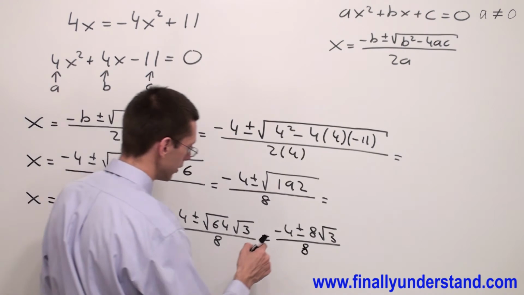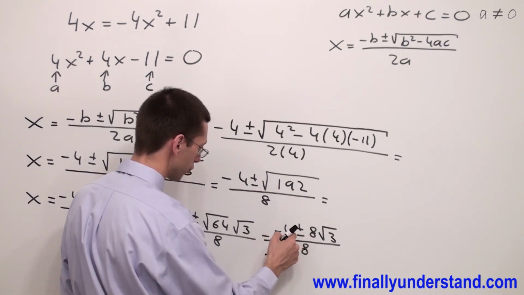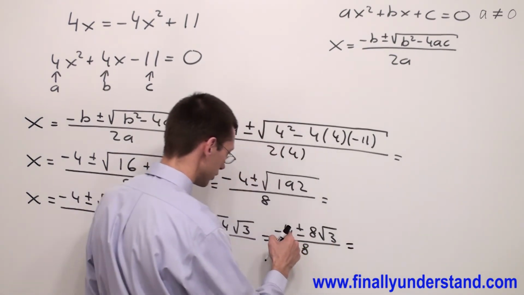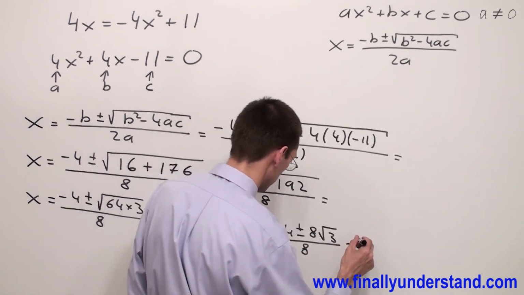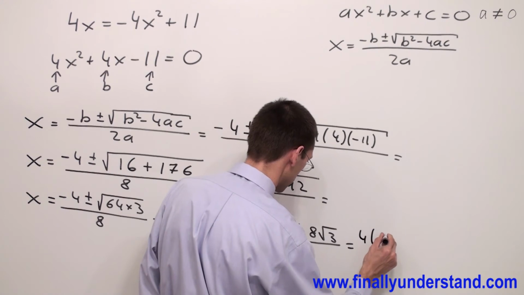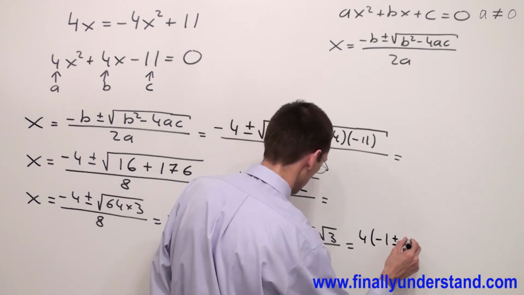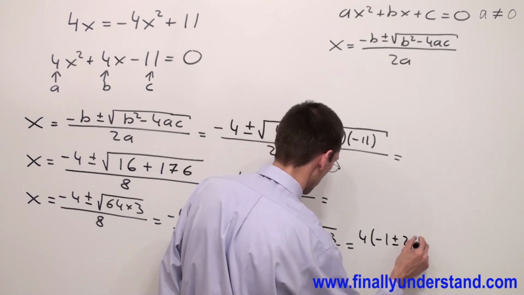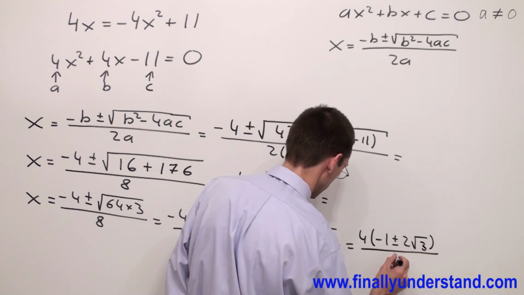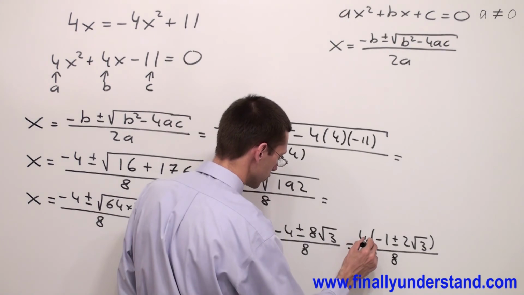Next, we can factorize 4 from these two terms, I mean terms in the numerator, and we are going to have 4 times negative 1 plus minus 2 square root of 3 over 8. 4 and 8, both of them are divisible by 4.